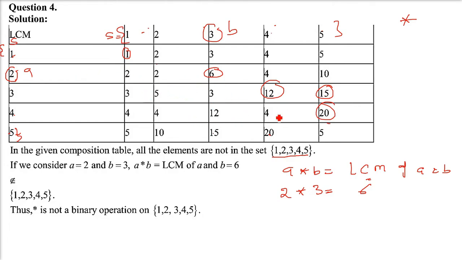All the numbers which are here mostly do not belong to the set S, which is already defined as 1, 2, 3, 4, 5. So this is against the definition of binary operation. Binary operation means if you take a belonging to this set, and b also from the same set, then a star b should belong to that set.